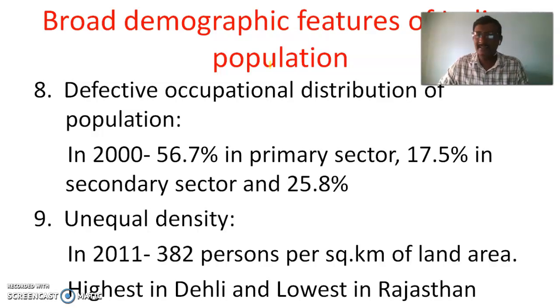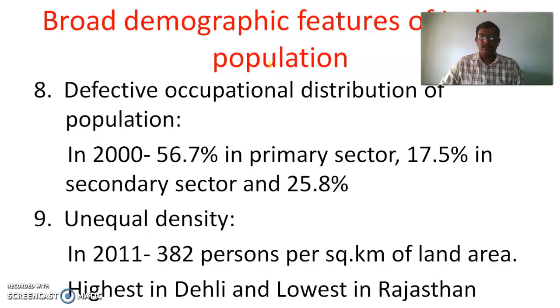Almost all the extractive and genetic industries were covered under this. In the same year, only 17.5% of the population was involved in the secondary sector, that is almost all the industry sector. And under the service sector, the participation was only 25.8%.